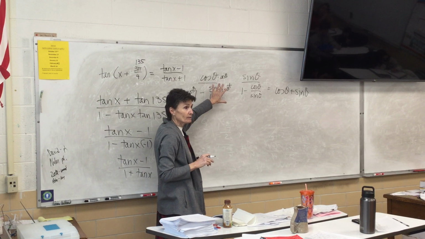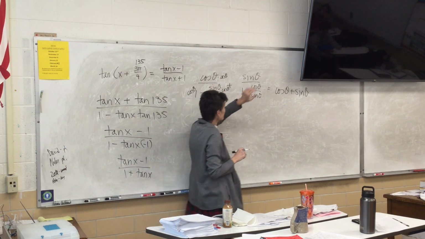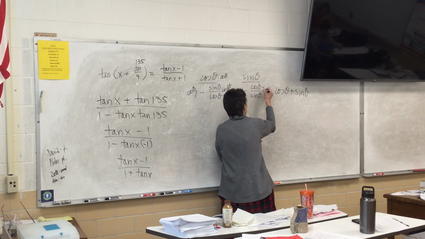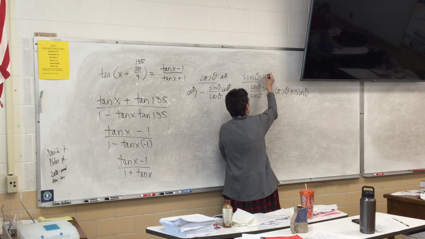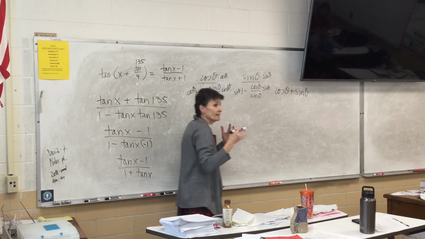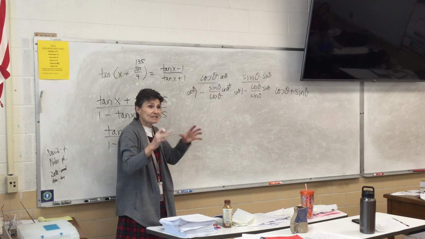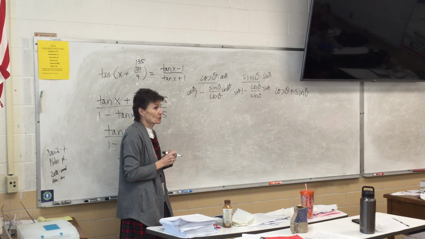Perfectly legit. That's that fraction. This one, I'm going to multiply top and bottom by sine, because that will get rid of the little denominator in each of the two big fractions.